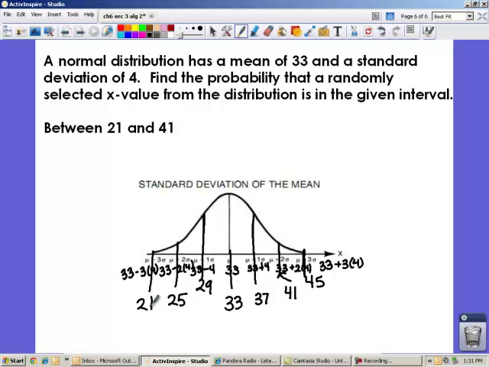And now they want us to find the probability between this interval, so 21 and 41. So we're looking at from 21 all the way to 41. And you can shade it if you'd like.